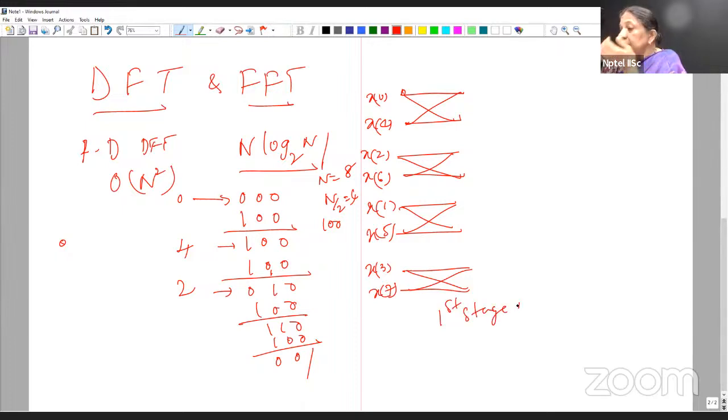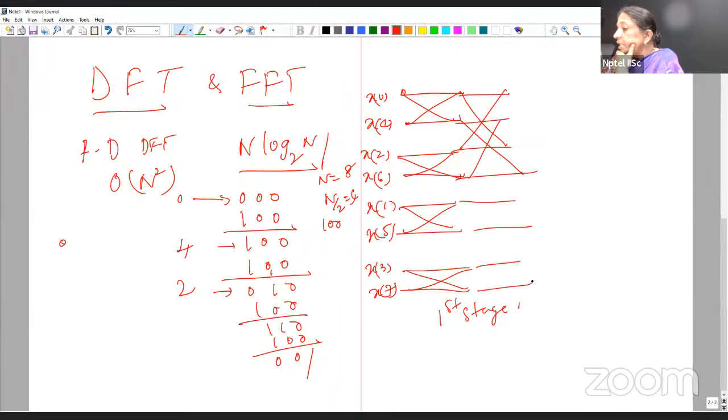Here only addition or subtraction is going to happen, so we can bring the cost down further with the number of stages. You will be combining the second stage here, and the same way here. In the final stage, you'll be combining all the butterflies, from this stage to this stage and from here to here.